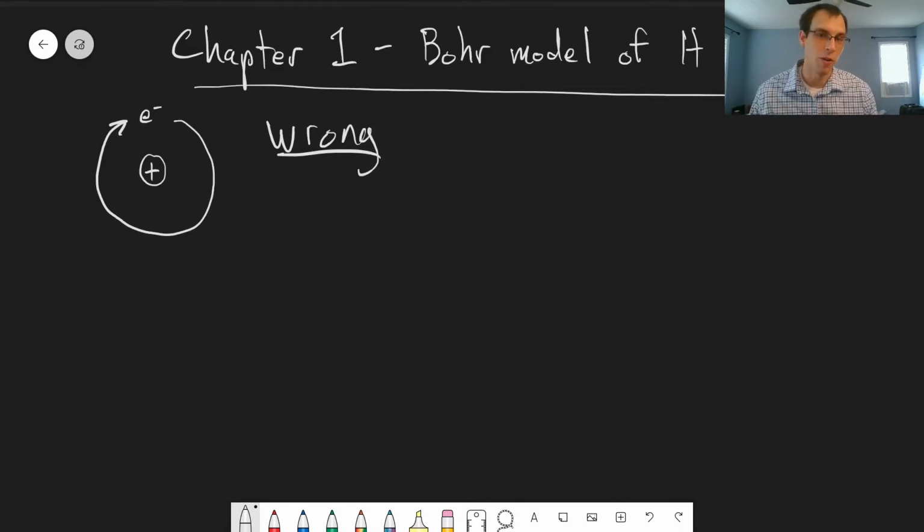We will go over the correct model of the hydrogen atom, the way it's understood nowadays, which was developed later, after Niels Bohr. But this can be a useful stepping stone for understanding how scientists were thinking about these things and trying to incorporate the quantum nature of particles and this wave idea into their models of the world.